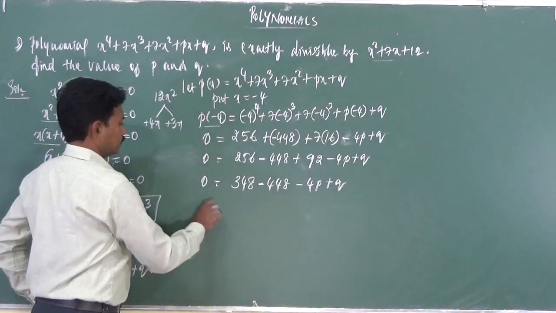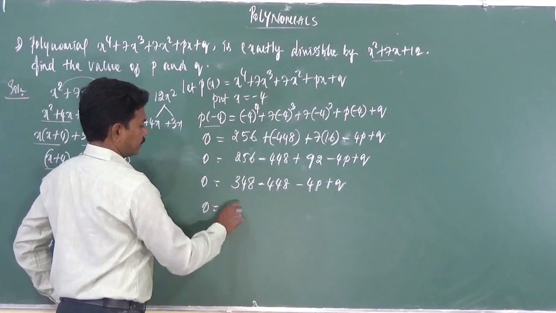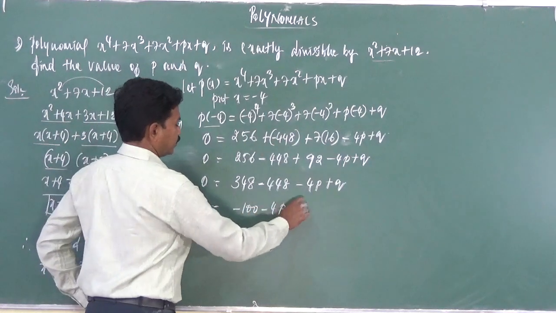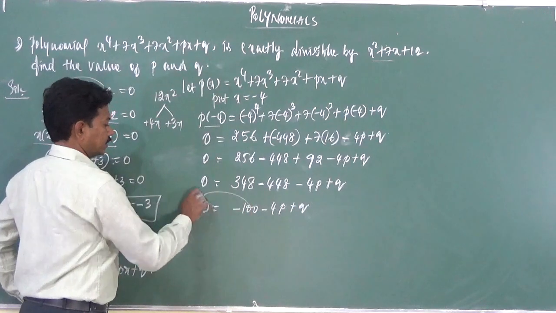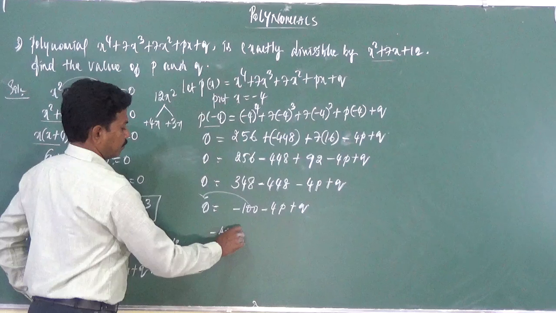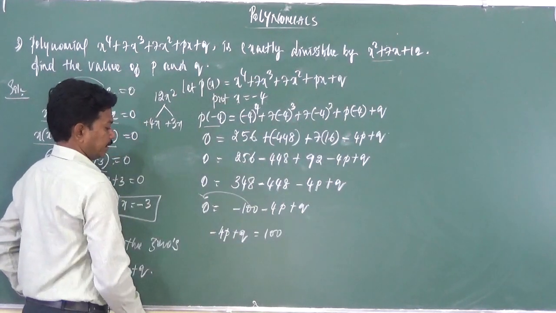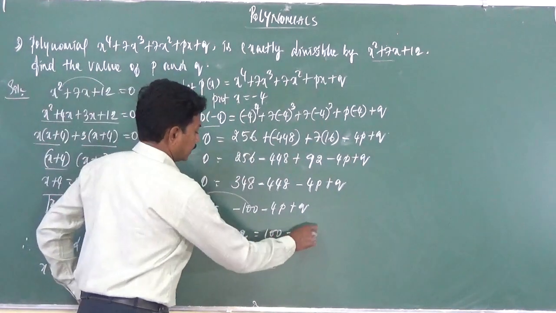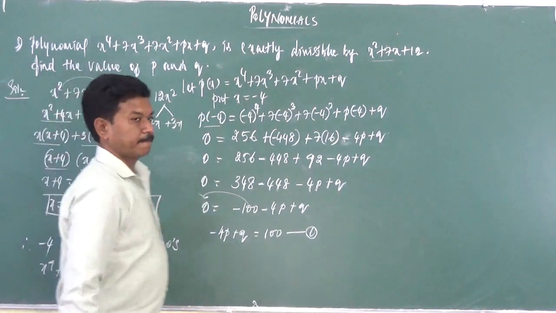So 0 is equal to minus 100 minus 4p plus q. Let us keep minus 4p plus q here and transpose this minus 100 to LHS. So that becomes minus 4p plus q is equal to 100. Let us keep it like this itself and take it as equation 1.